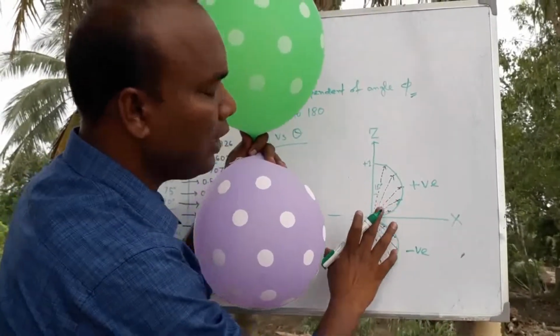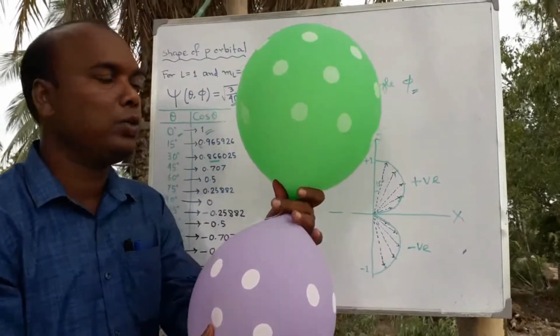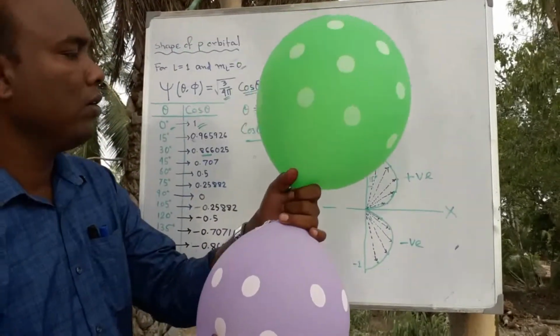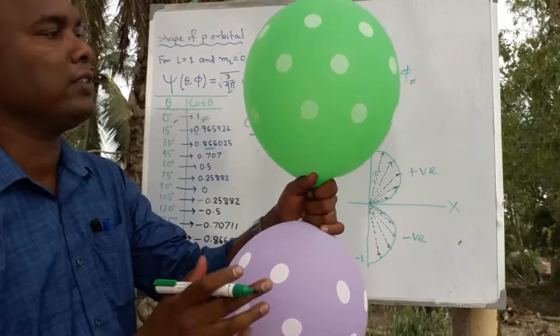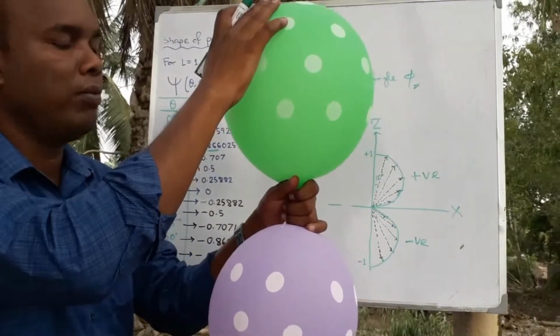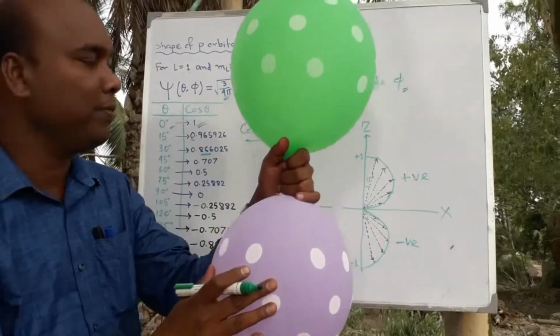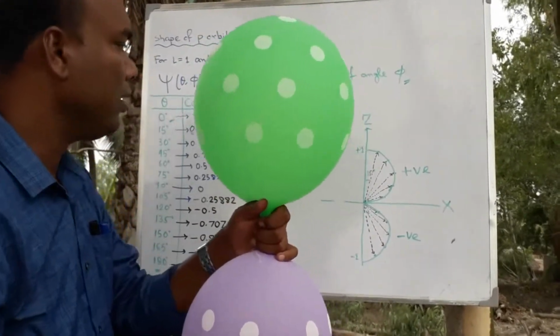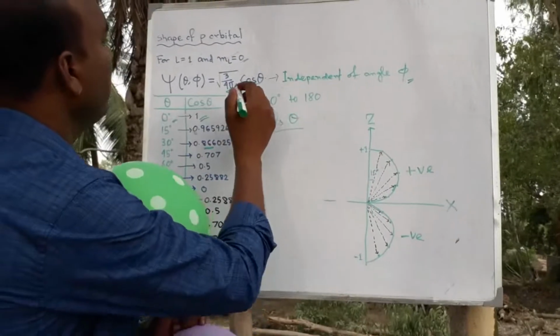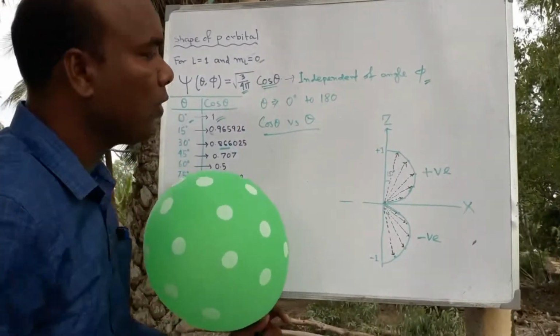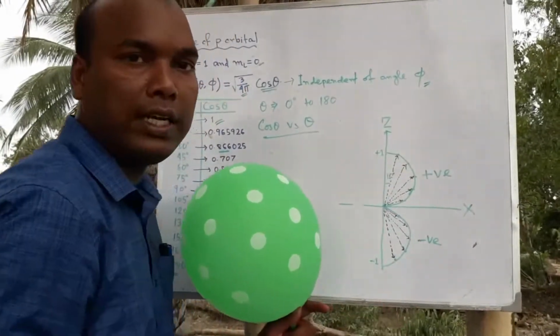If you plot this into the polar coordinate, the total shape of the orbital will be like this. This is a ball, this is a ball, and overall shape is dumbbell shape. And here you see, ml value is 0 and this axis is z.